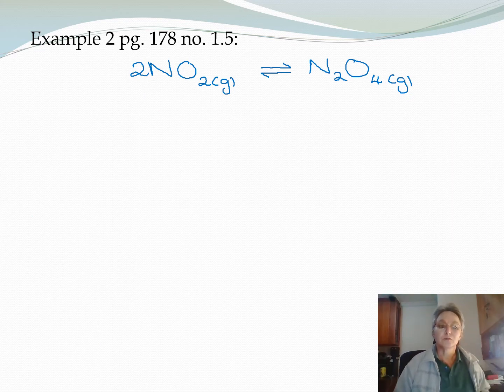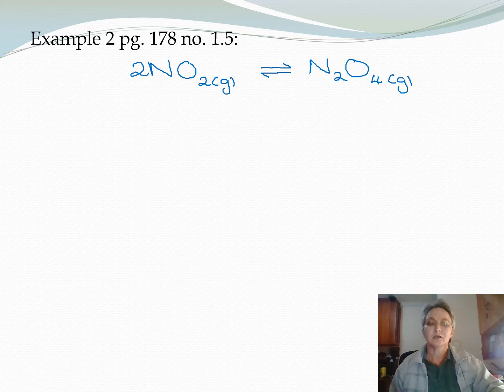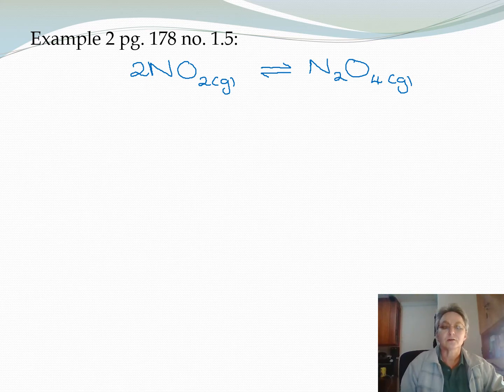Next we go to page 178 and we're going to do number 1.5 where we have our favorite nitrogen dioxide in equilibrium with dinitrogen tetraoxide. So to see the ratio, mole ratio, 2 moles of the nitrogen dioxide is in equilibrium with 1 mole of the dinitrogen tetraoxide.